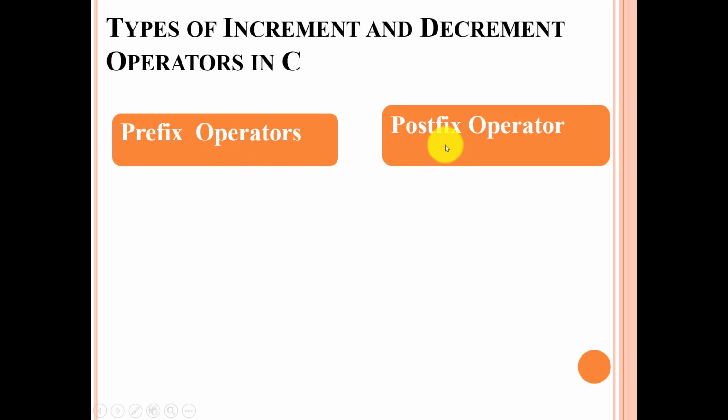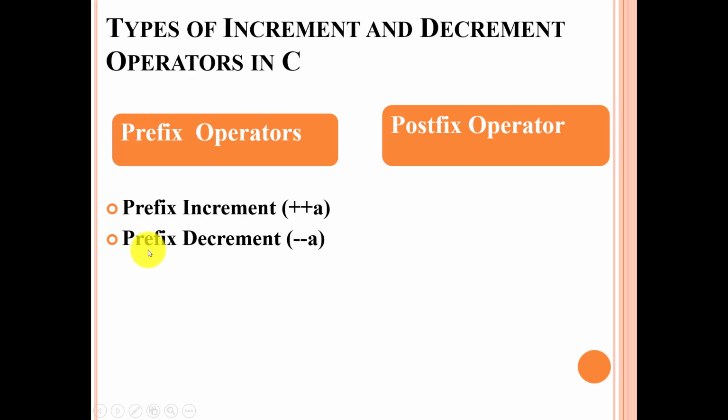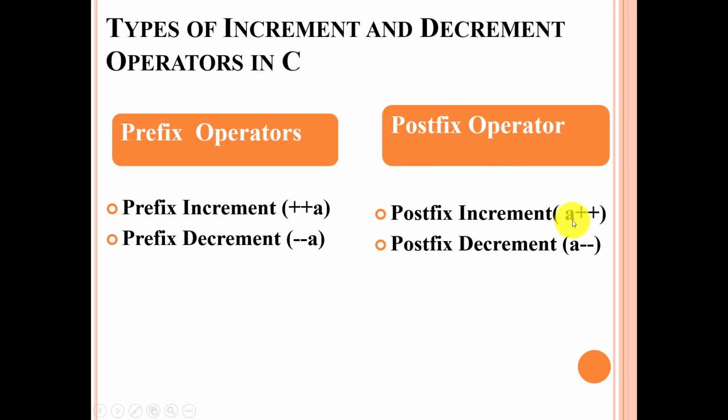The prefix operator is further categorized into prefix increment and prefix decrement, where before a we apply plus plus or minus minus. Similarly, there are postfix increment and postfix decrement, where after the operand a we write plus plus or minus minus. So these are the four basic types of increment and decrement operators.